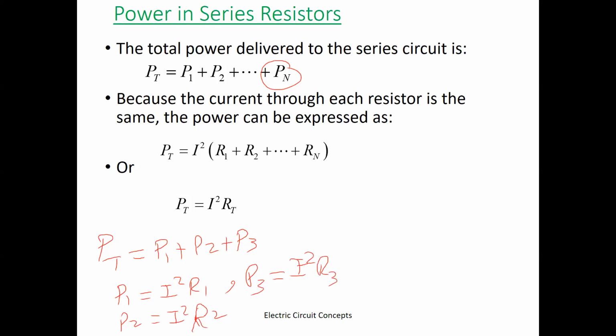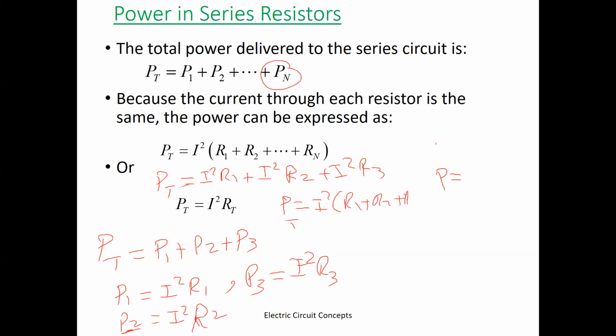Now, if we plug this in, PT is equal to P1, which is I squared times R1, plus P2, I squared times R2, plus I squared times R3. If we factor out I squared, PT equals I squared times R1 plus R2 plus R3.